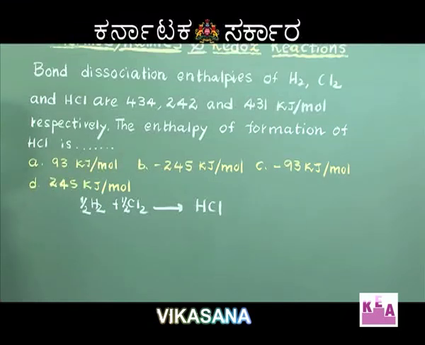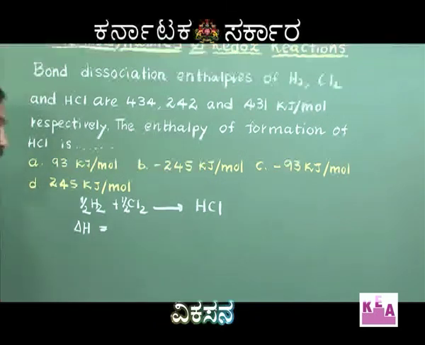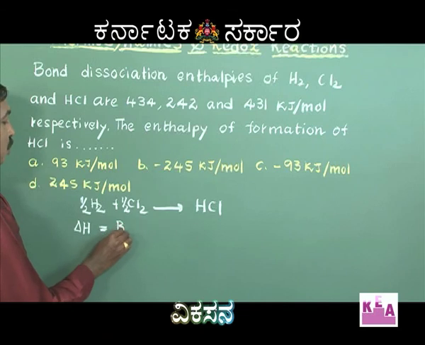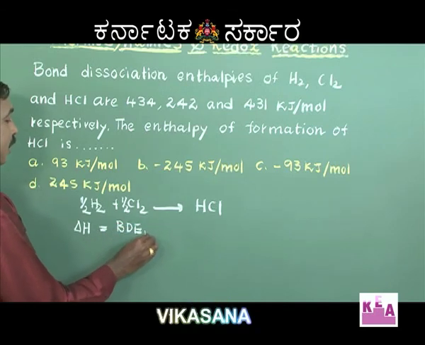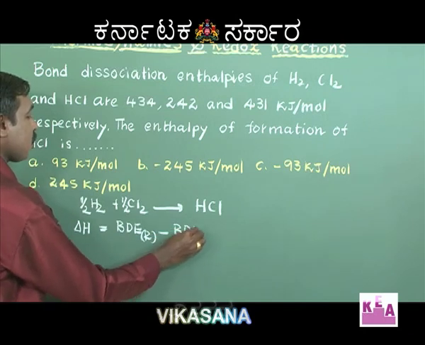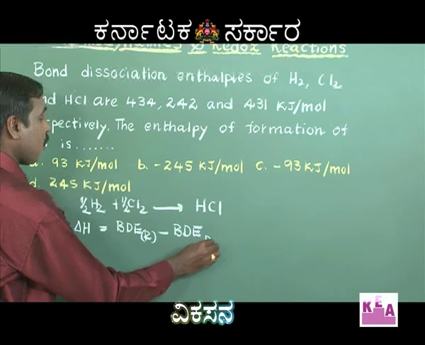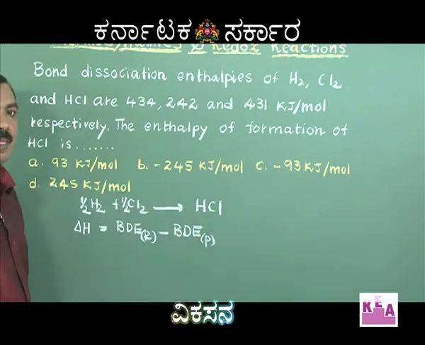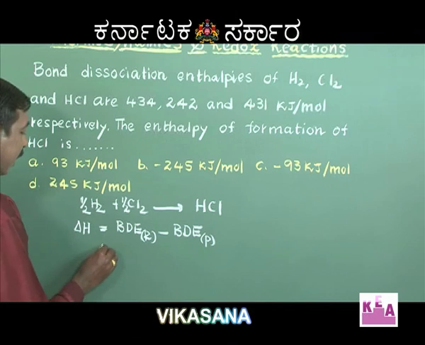Now, if I want to calculate the enthalpy change for this equation, I should be aware that it is the summation of the bond dissociation enthalpies of the reactants minus the summation of the bond dissociation enthalpies of the products. Let me complete by adding up the values.